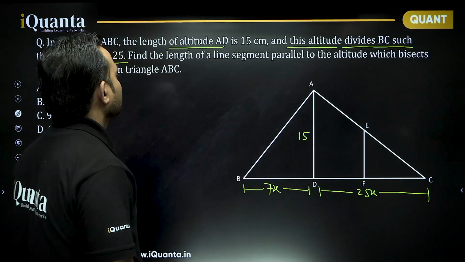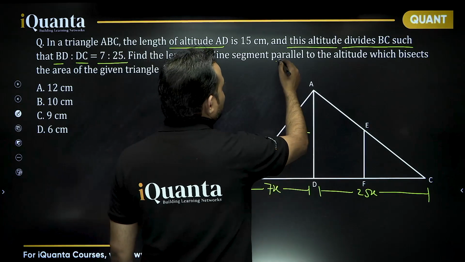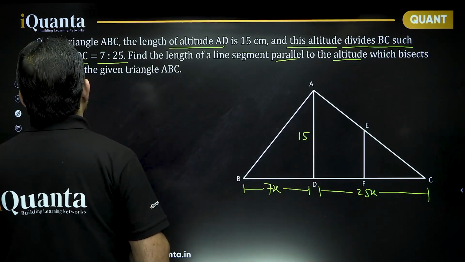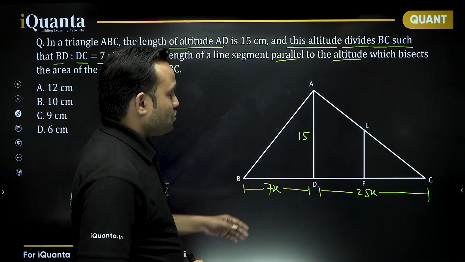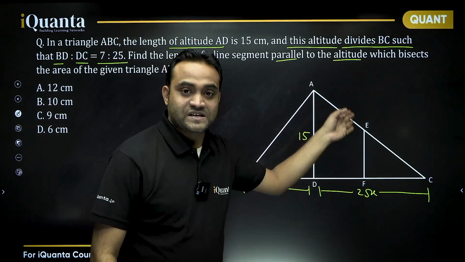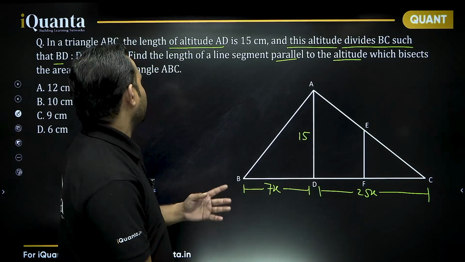Right? Find the length of a line segment parallel to the altitude which bisects the area of the given triangle ABC. So basically it says that this line EF is such that it bisects the area of triangle ABC.